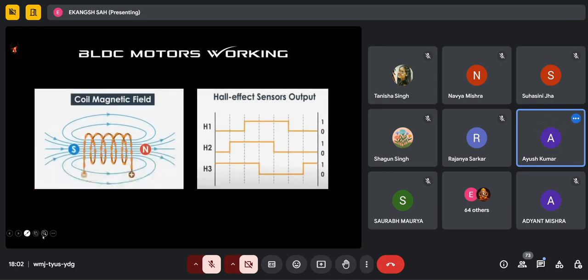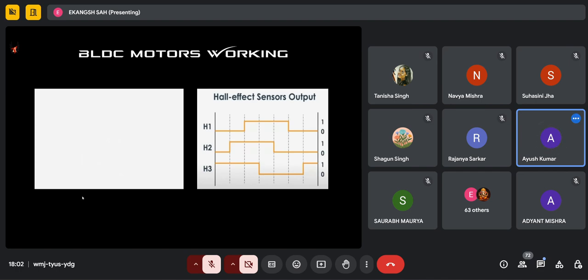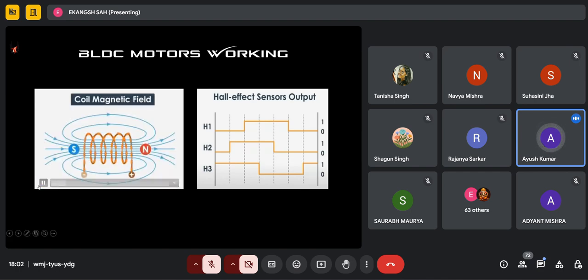The left video shows the coil magnetic field. When current flows in the motor windings, it also generates magnetic poles.